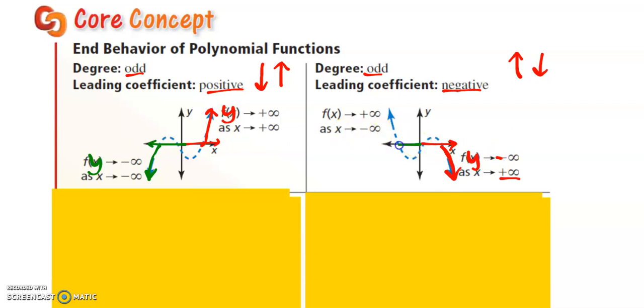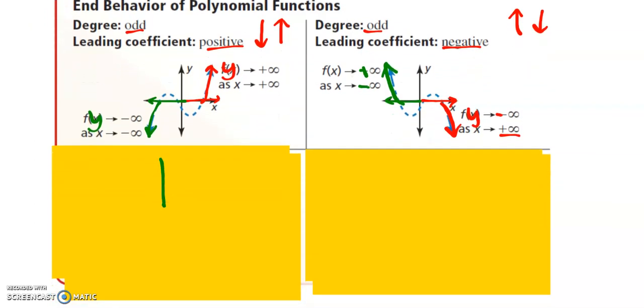As x goes to negative infinity, so moving to the left, this time my y's are going to positive infinity. So we're thinking about what's happening at the ends of our graph. As x gets really big, what does y do? Does it get really big positively or really big negatively? And vice versa.